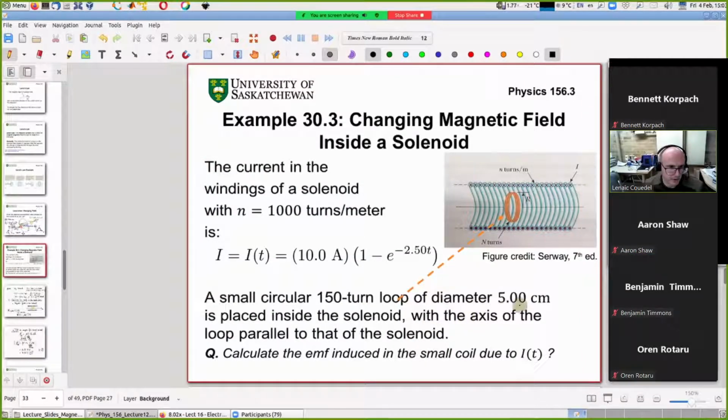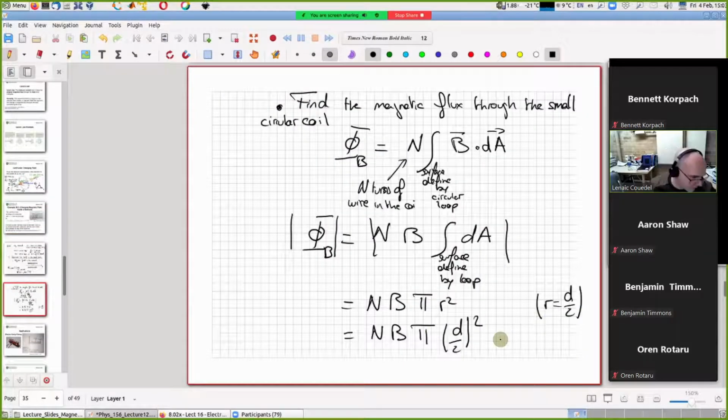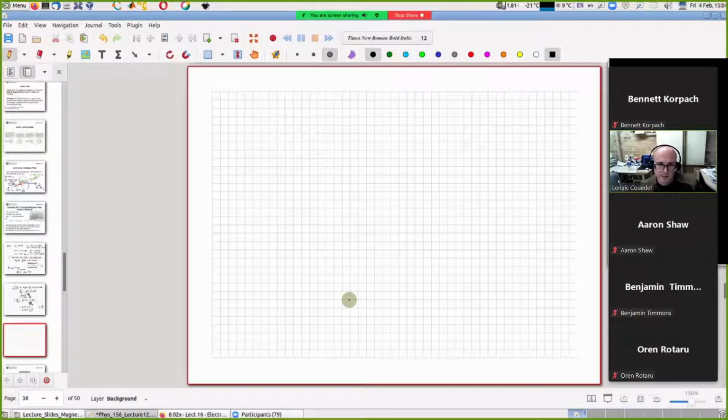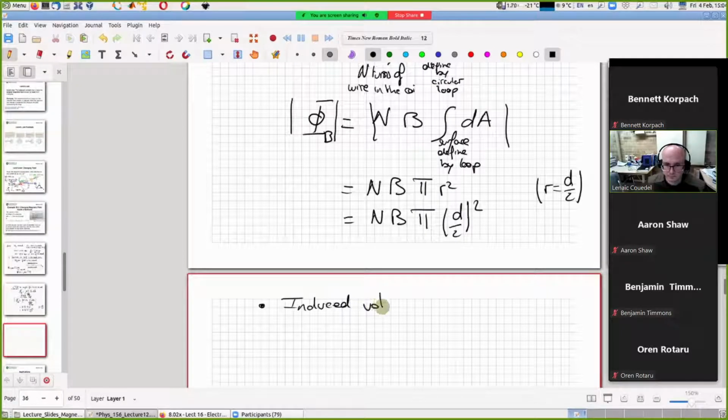So let's just use the diameter as our variable. Now I have the magnetic flux. So I can get my EMF, the induced voltage, epsilon. Epsilon in absolute value is the absolute value of minus d phi b over dt.